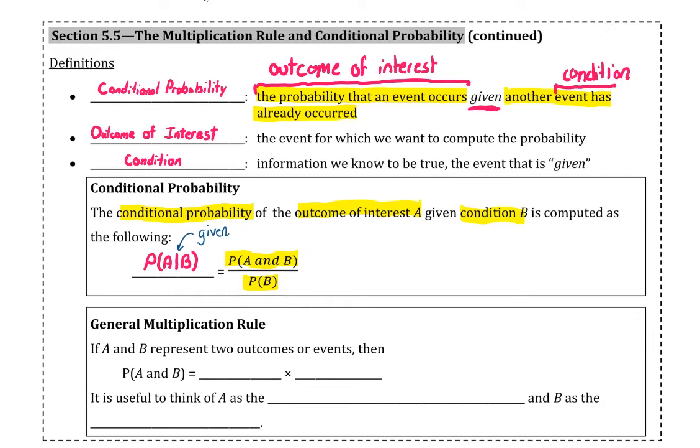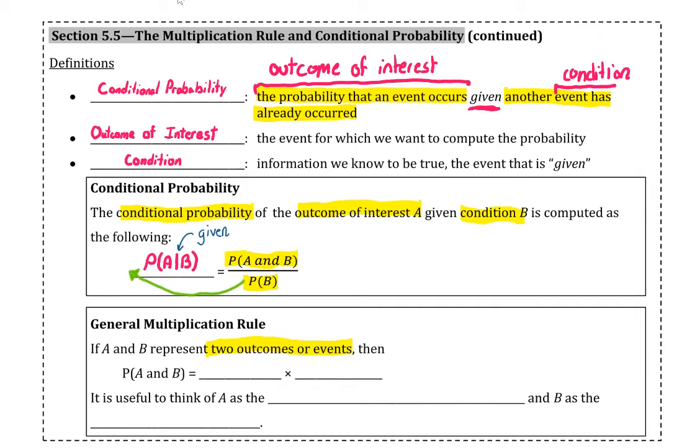Another way that we can use this conditional probability is to derive a general multiplication rule. If A and B represent two outcomes or events, then we can solve for the probability of A and B in our previous formula by multiplying by the probability of B to get it on the other side of our equation.